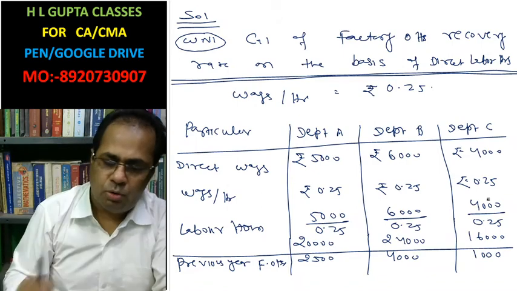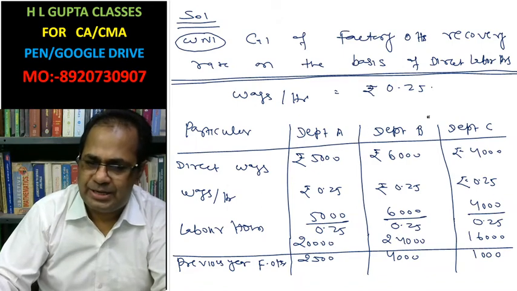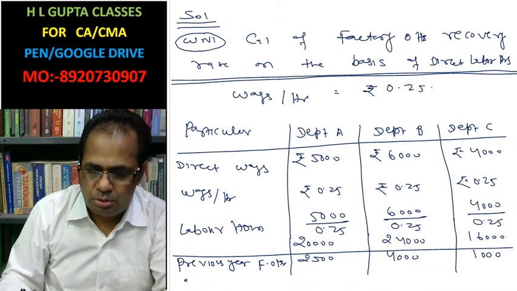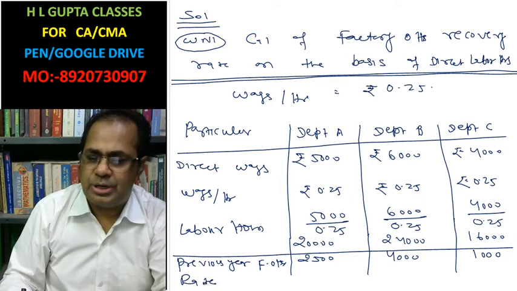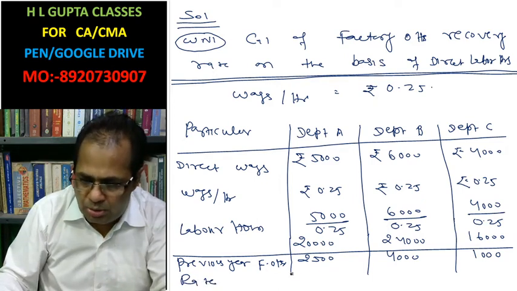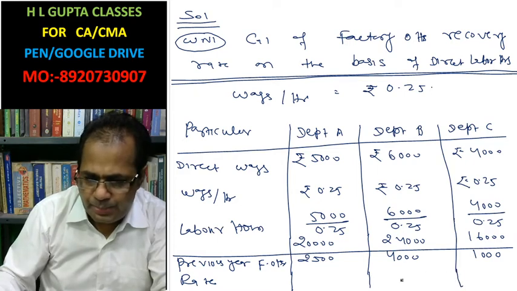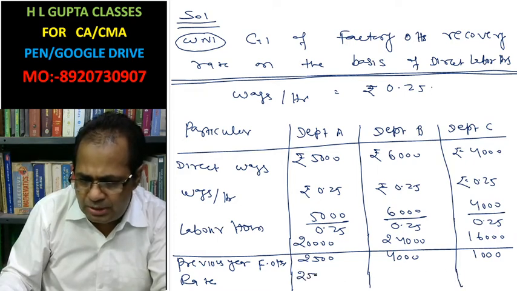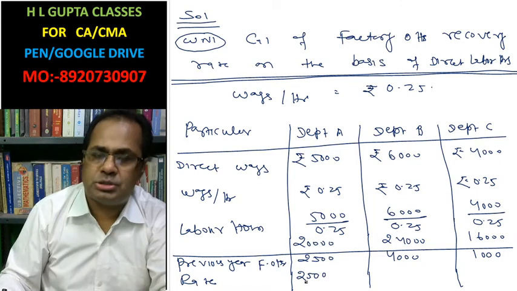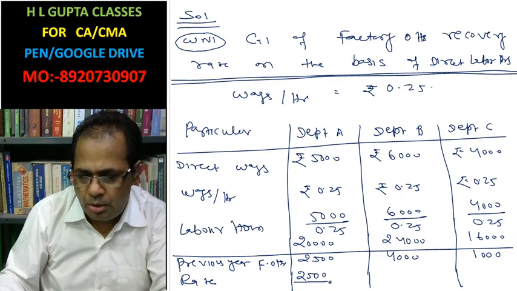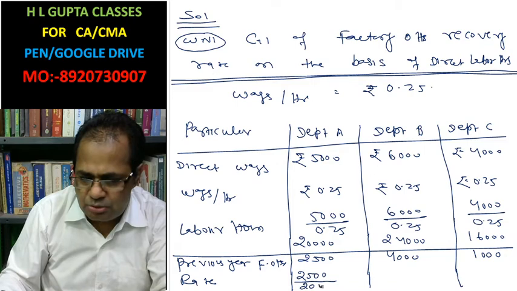Now the factory overhead rate you need to calculate. So what will be the rate in this case? Please try to understand. Factory overhead of 2,500 is incurred for 20,000 labor hours.